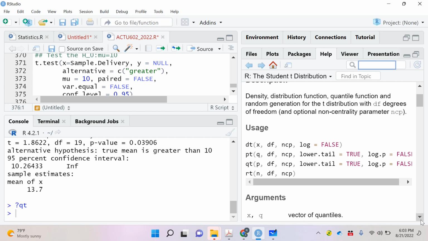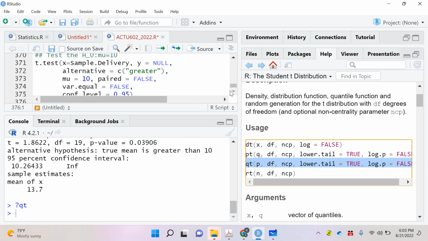I can compute what you were reading from tables, in the sheets that we give you, using qt.